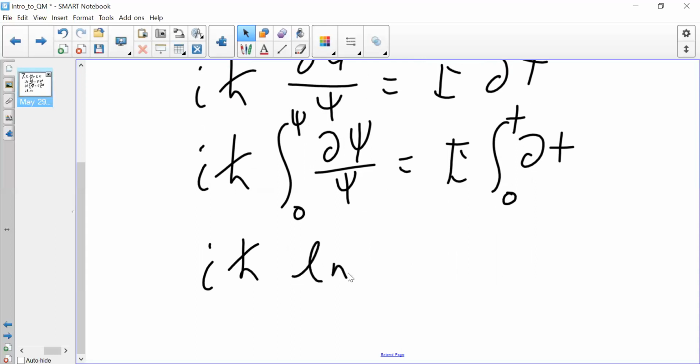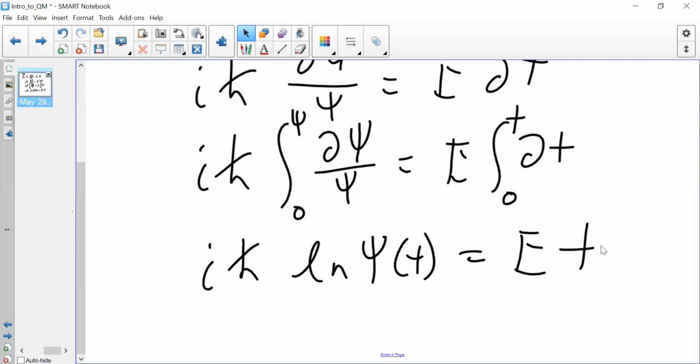So basically the natural log of psi of t. We don't have to worry about the natural log of 0. So the lower bound is not important. And that's going to be equal to E times t.